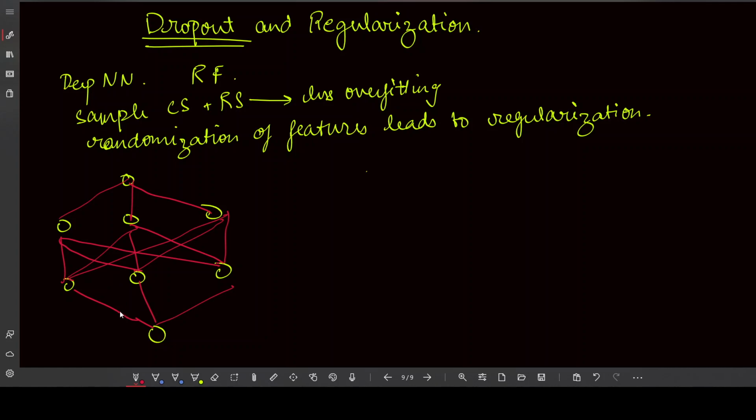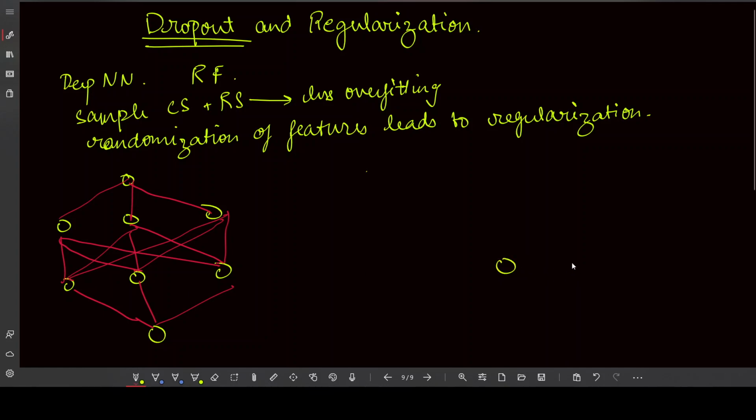Now, what dropout does is that in any given iteration and in any given layer, it randomly picks neurons and removes connections so that all outgoing and incoming connections are destroyed. Okay? So let me just draw this and explain what it is.